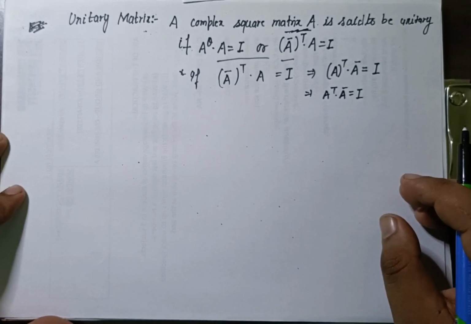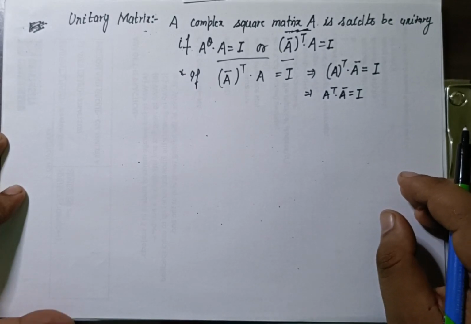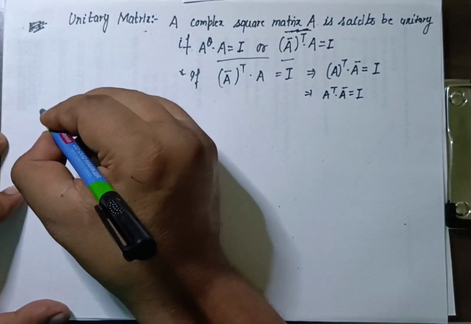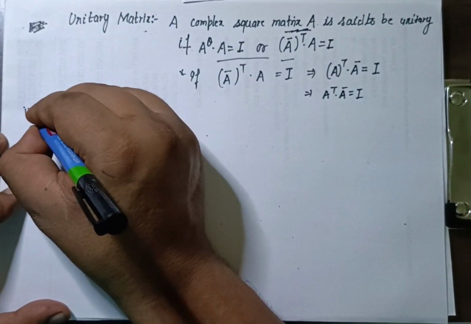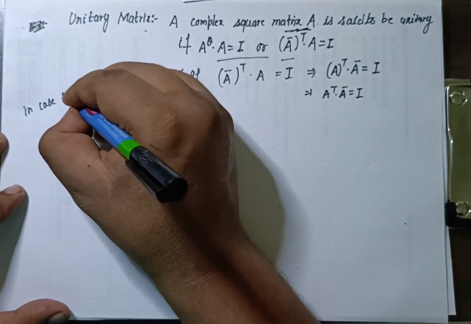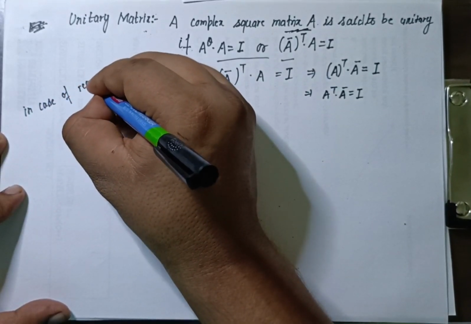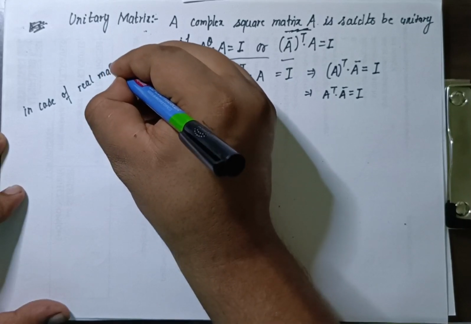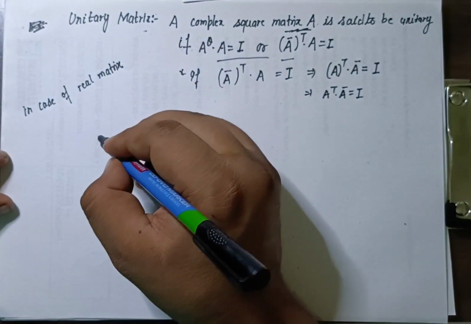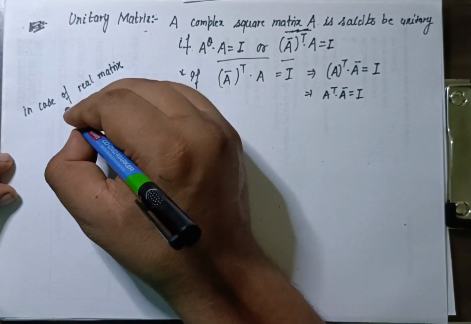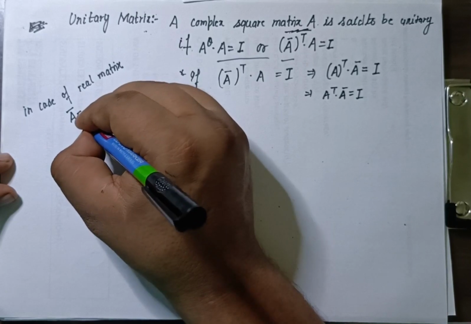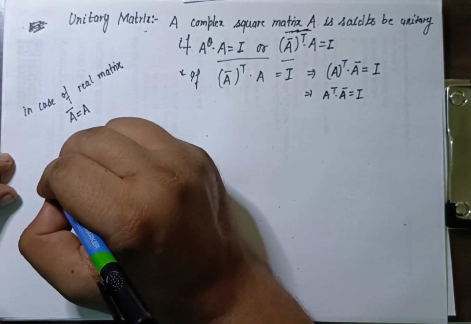So in the case of a real matrix, A conjugate will simply be equal to A, right?